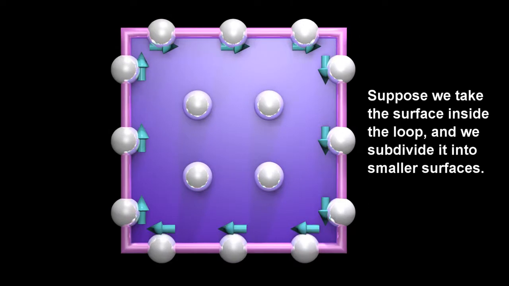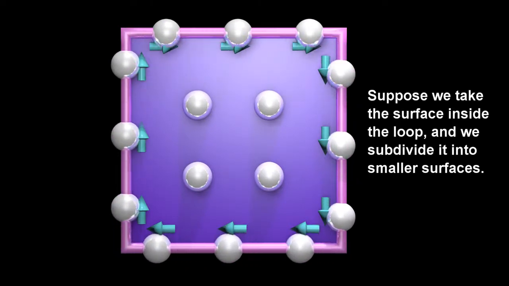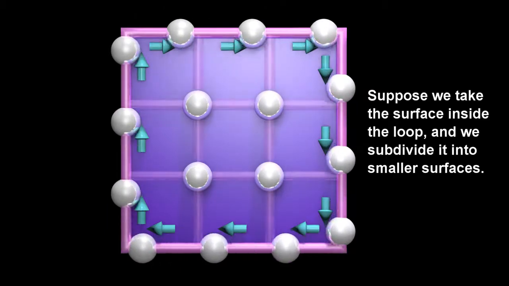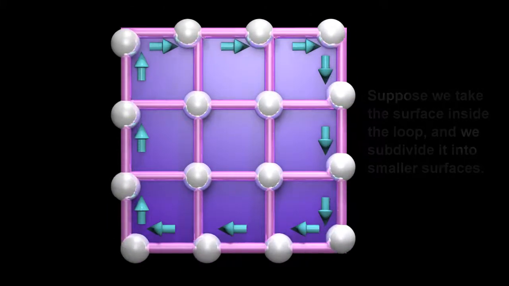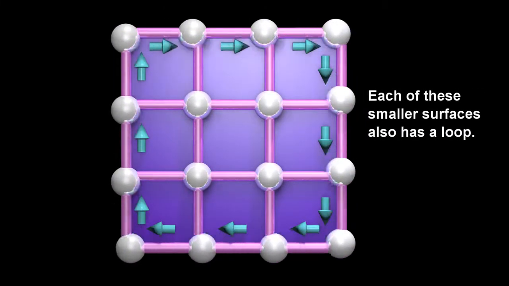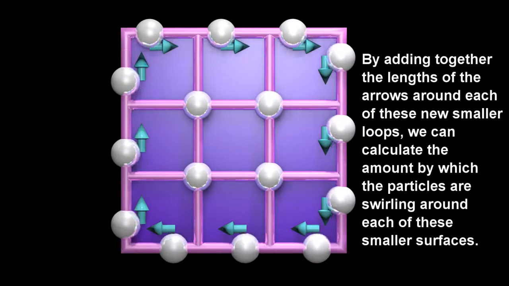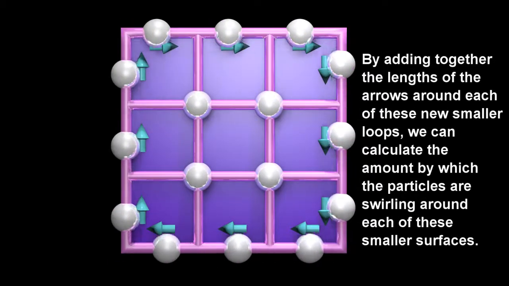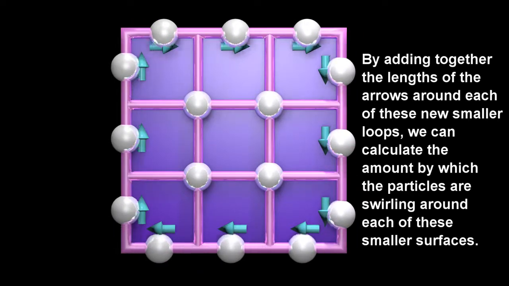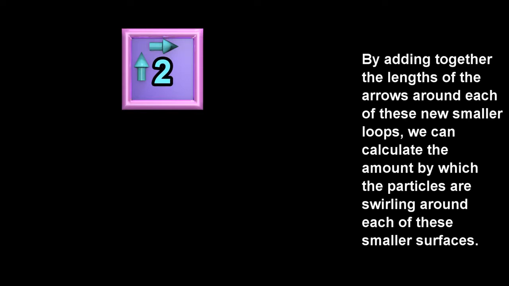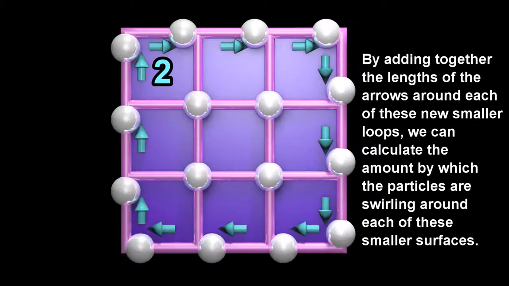Suppose we take the surface inside the loop and we subdivide it into smaller surfaces. Each of these smaller surfaces also has a loop. By adding together the lengths of the arrows around each of these new smaller loops, we can calculate the amount by which the particles are swirling around each of these smaller surfaces.